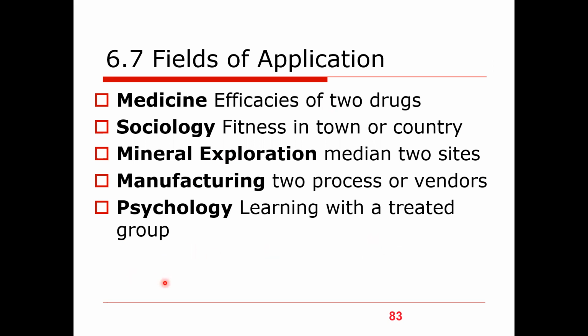And you can add a lot more applications in education, in social media, in a lot of different industries. As long as we want to compare two things, we can use these two independent sample problem methods.